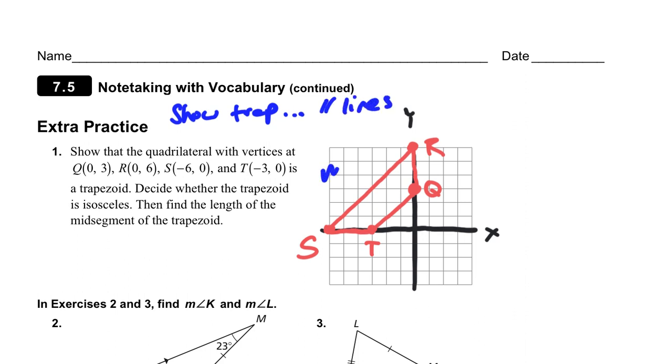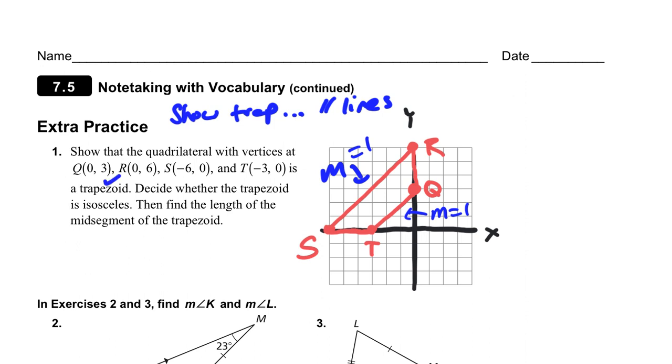So the slope of SR is up 1 over 1, so that slope is 1. And then if we look at T to Q, this slope is also equal to 1. So the two slopes being the same show that we have parallel bases, so it makes a trapezoid. Check.